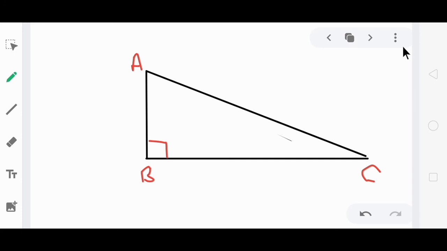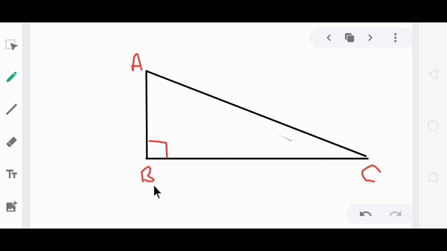In triangle ABC, for this side BC, point A is the opposite vertex, and if we draw a perpendicular line on BC, we have AB as our altitude, because the perpendicular line segment from the opposite vertex to a side of the triangle is called an altitude.